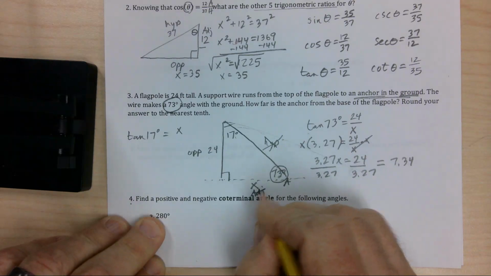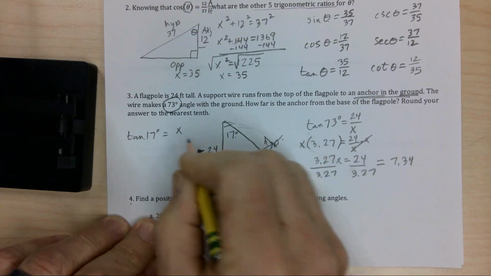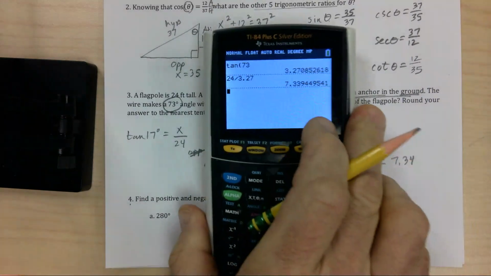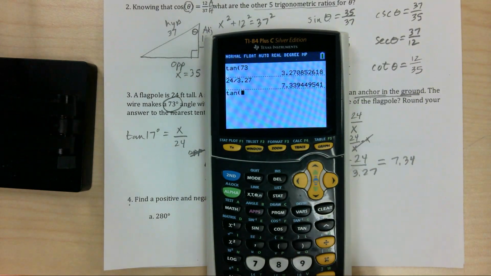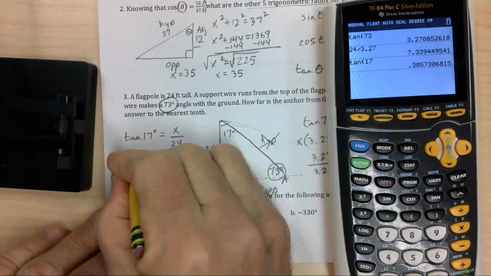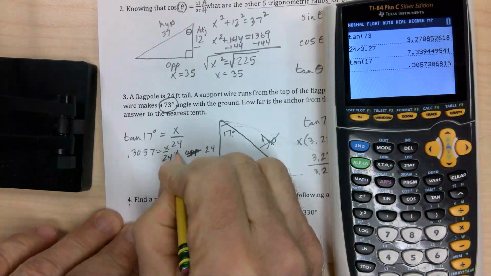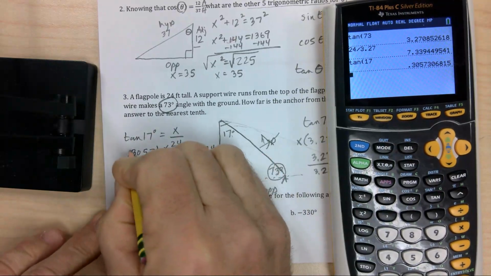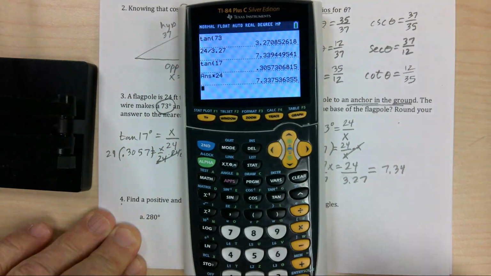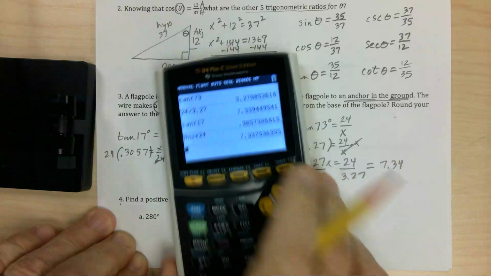So now this is the opposite, making this the adjacent, and my math is going to be a little bit easier, because now I would just take my calculator, find out what tangent of 17 degrees is, 0.3057 equals x over 24. Now I just have to multiply by 24, cancel, multiply that by 24, and notice I get the same darn thing. So different ways to solve these.